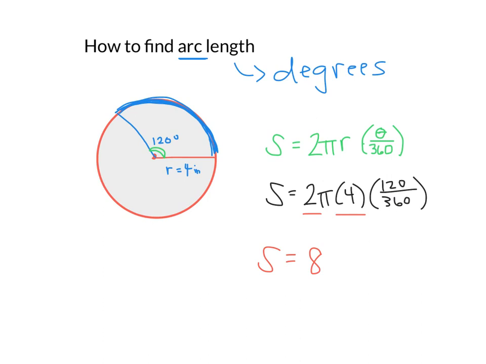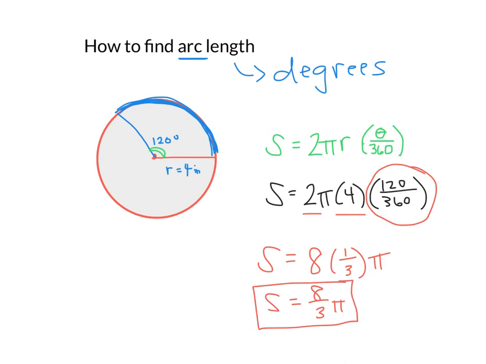And then if I simplify this fraction, it's going to be 1/3, and then pi. So the way that we like to say that is 8/3 pi. That is the arc length for this particular arc right here.